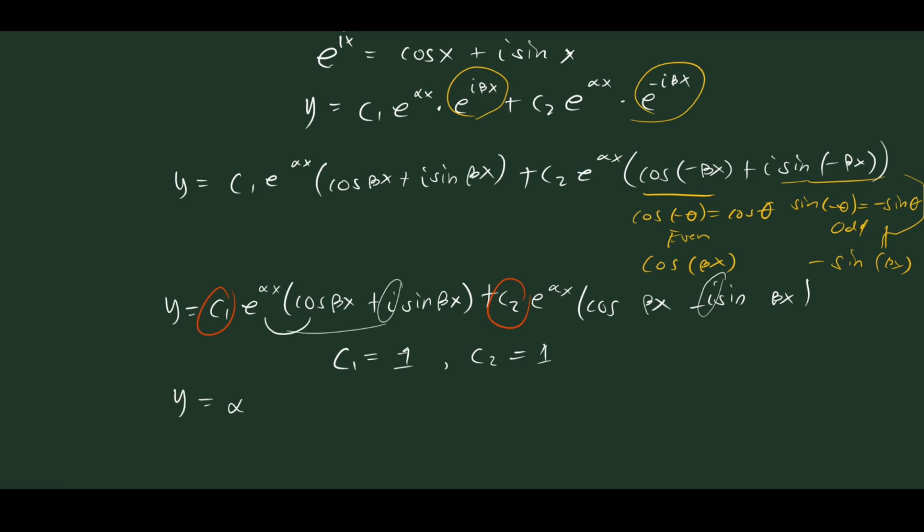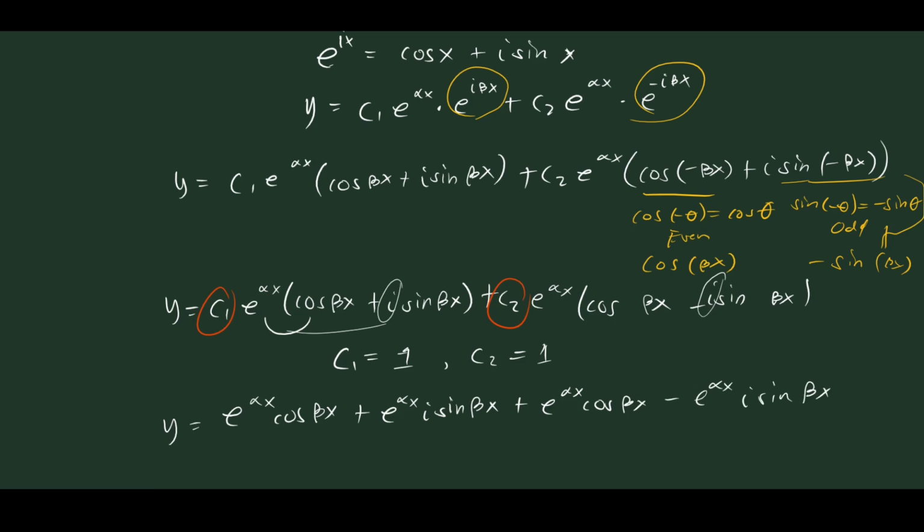So y is equal to e raised to alpha x multiplied by cosine beta x, and then plus e raised to alpha x i sine beta x, and then plus e raised to alpha x cosine beta x again, minus e raised to alpha x i sine beta x.